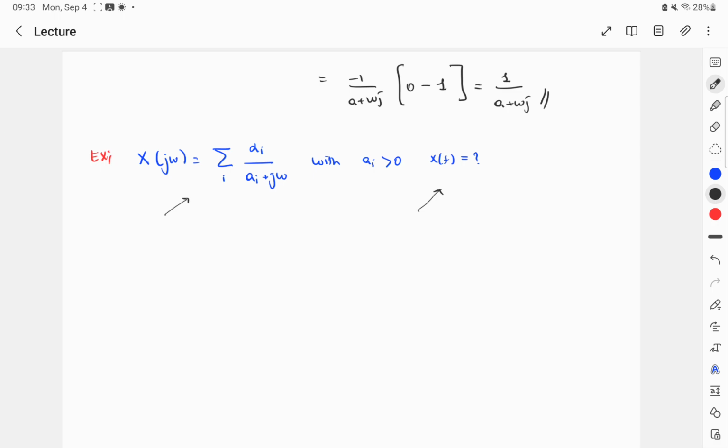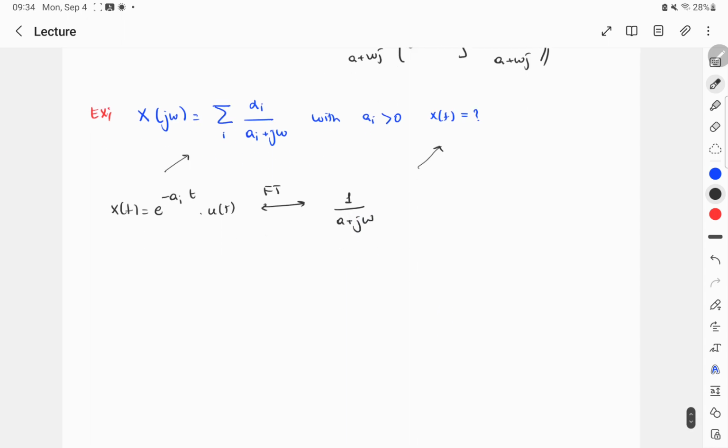We can notice a similarity with the previous question. In the previous question we actually figured out that if our function is e to the power of minus a constant, let me write it as a subscript i, times u(t), then the Fourier transform of it is given as 1 over a plus jw, right?